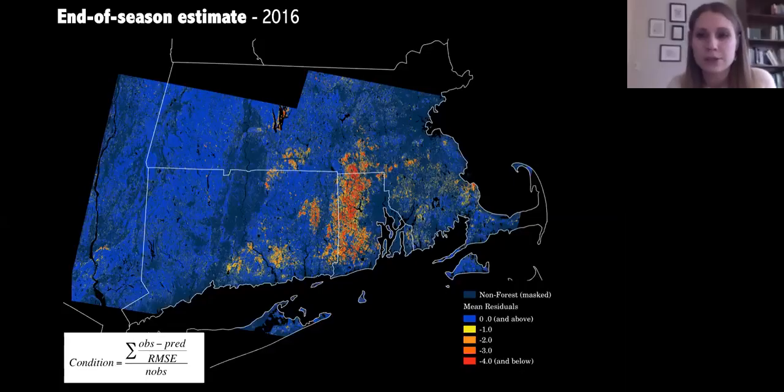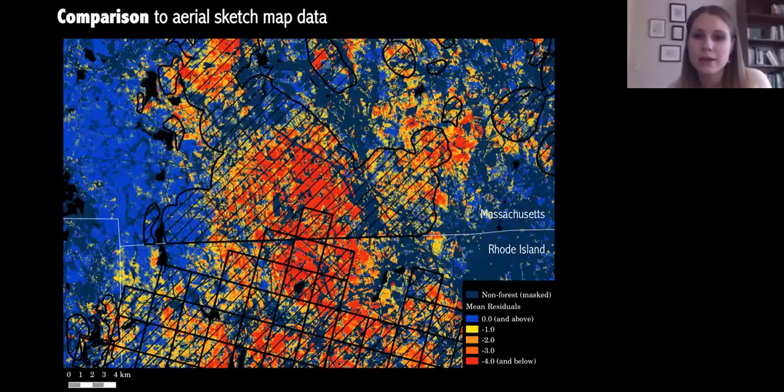And just to give you a perspective on how this compares to the more conventional aerial surveys, here we're zooming into the Massachusetts-Rhode Island border. Those black boxes and polygon shapes with the cross-hatching are the areas detected as damaged by the Forest Service aerial surveys.